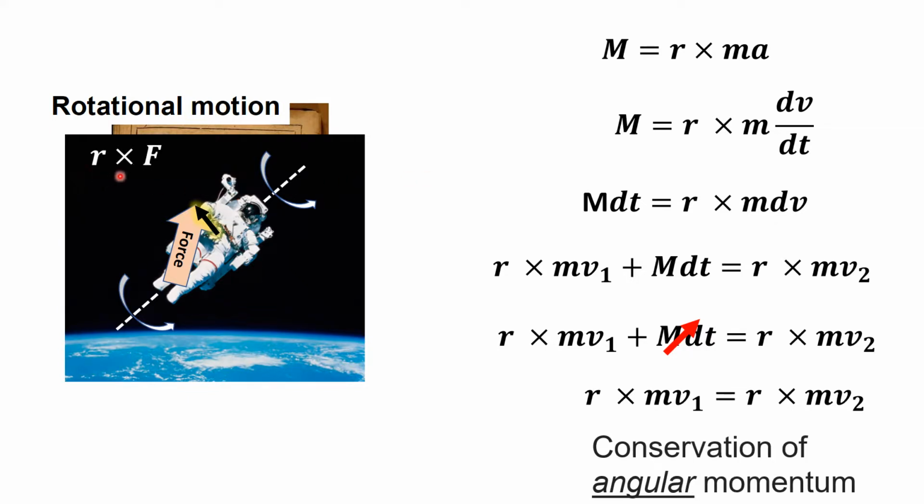So it's r cross F, where the force has to be some distance from the axis of rotation, and that is what's going to change that rotational motion. And if there's no moment acting, angular momentum will be conserved. So initial rotation will be the same as the final rotation.